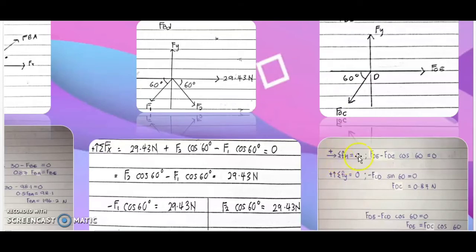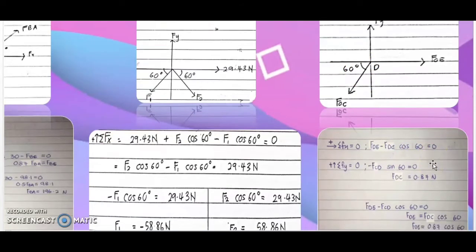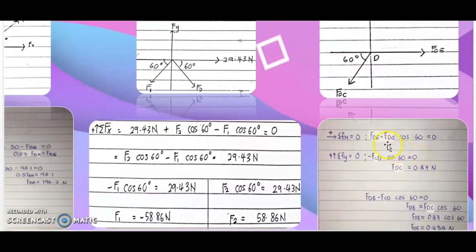So the summation of Fx equals 0. The force acting on the x-axis is FDE minus FDC cos 60, which equals 0. Because there are two unknowns, we need to find the other force at the y-axis.